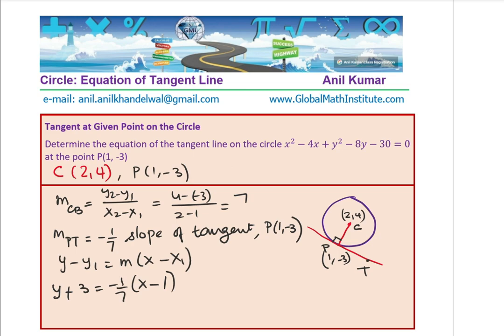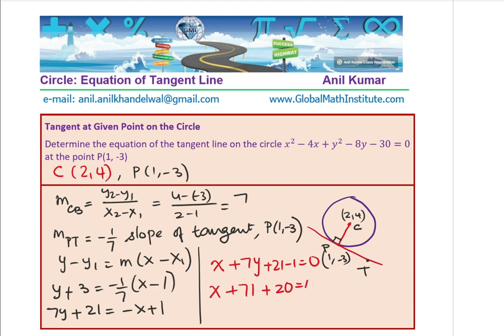We can cross multiply, we get 7y plus 21 equals minus x plus 1. Bringing all the terms together on the left-hand side, what do we get? We get x, we already have 7y, plus 21 minus 1 equals 0, or x plus 7y plus 20 equals 0.